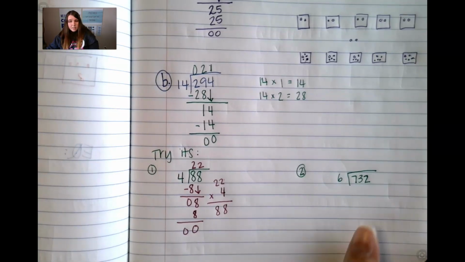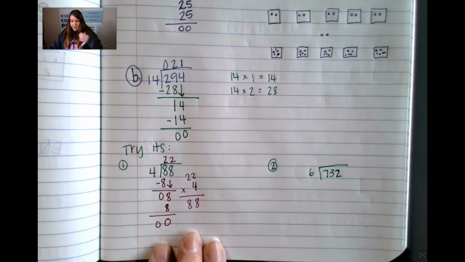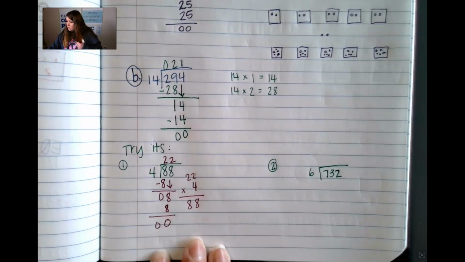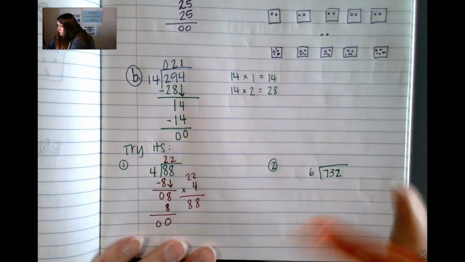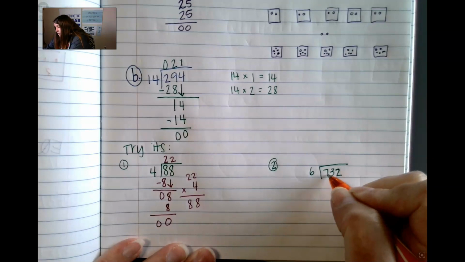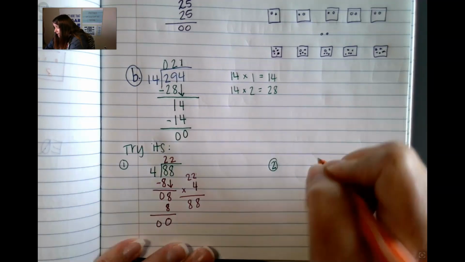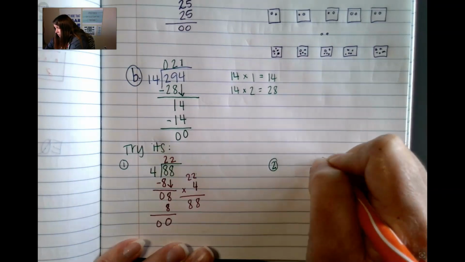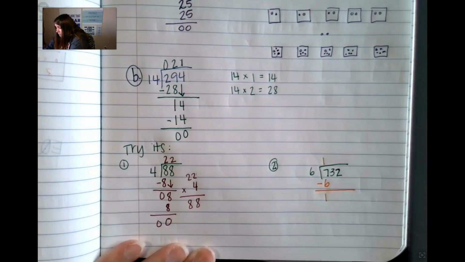All right, on to the next one. On this one, if you have questions, make sure that you ask. On this example, we have 7 divided by 6. Well, yeah, I can. If I had 7 things, I could put them into 6 different boxes equally and have 1 thing left over. So it would give me 1 in each box with 1 thing left over.